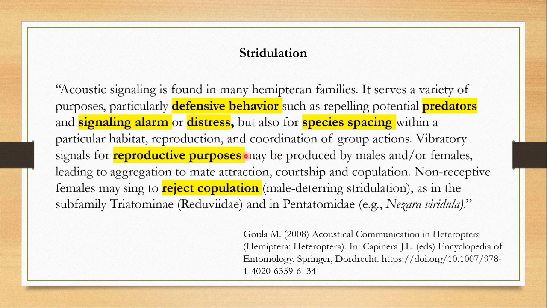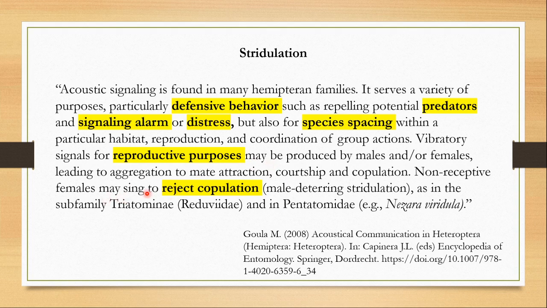So if for reproductive purposes the sound is made, it is often of vibratory signals. And once the males and or females make these vibratory signals, it leads to aggregation of the insects, and then from this aggregation there is mate attraction. One male can be attracted to another female. There would be courtship or some behavior before the copulation, and finally the copulation.